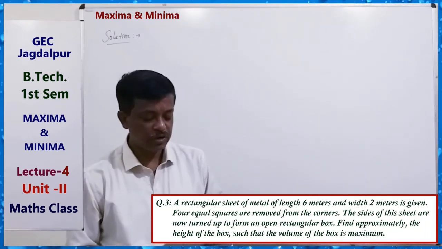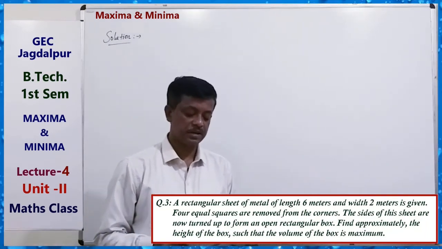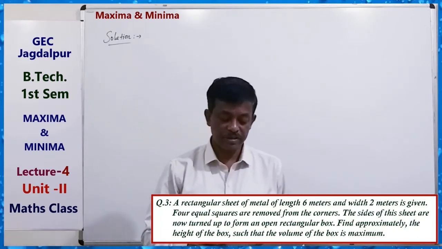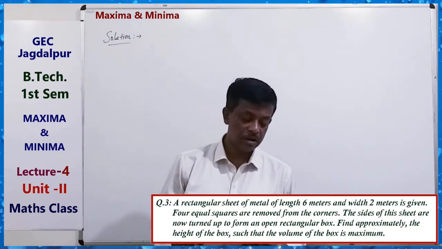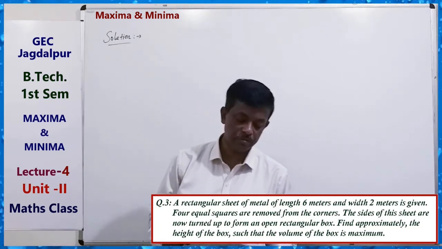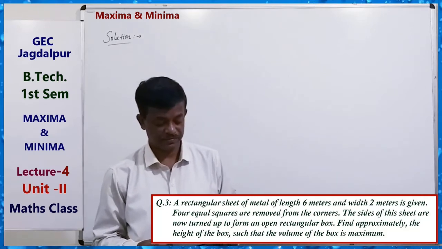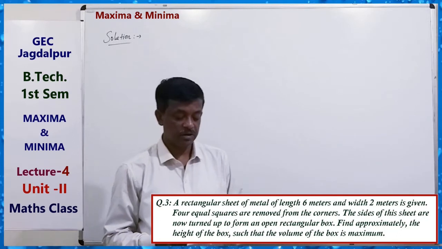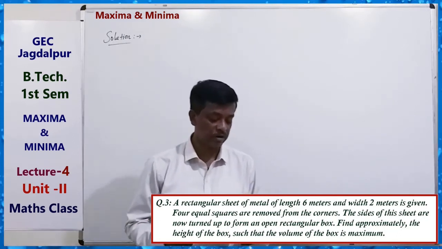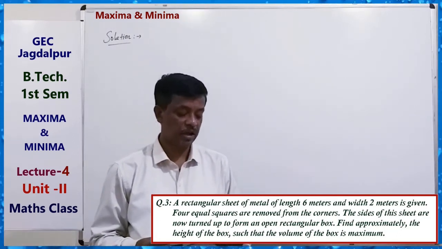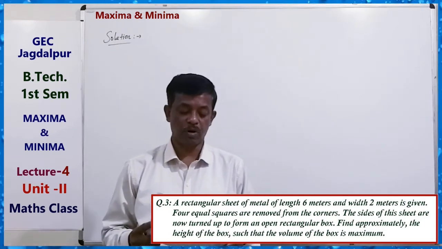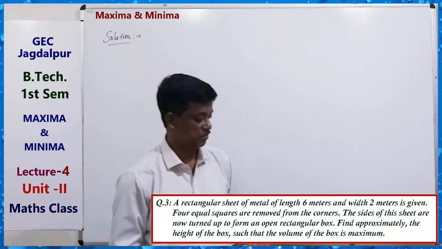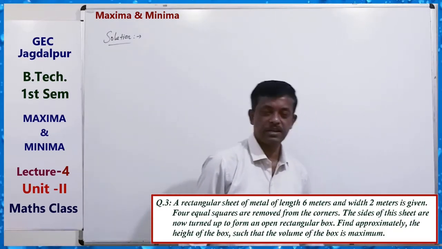A rectangular sheet of metal of length 6 meter and width 2 meter is given. 4 equal squares are removed from the corners. The sides of this sheet are now turned up to form an open rectangular box. Find approximately the height of the box such that the volume of the box is maximum. So very important and simple question.